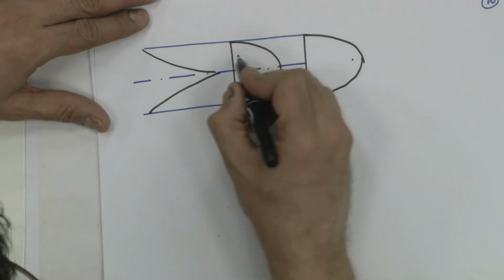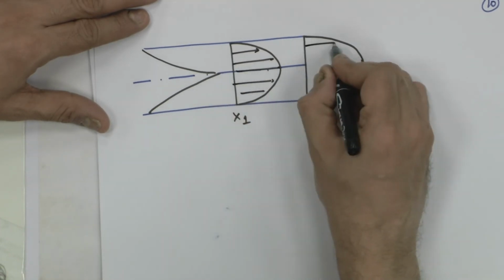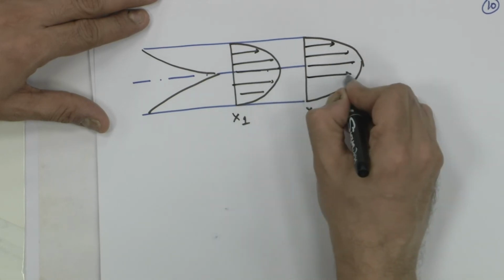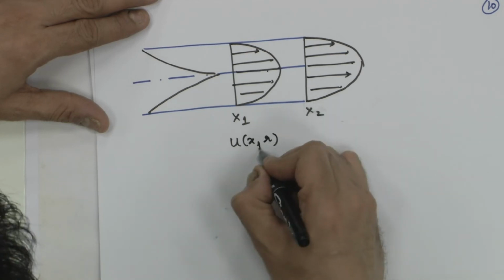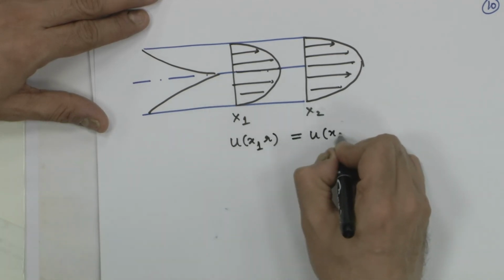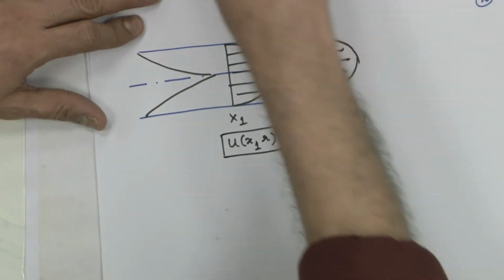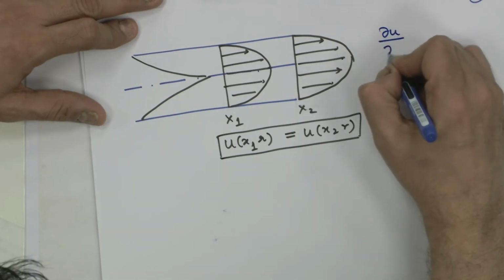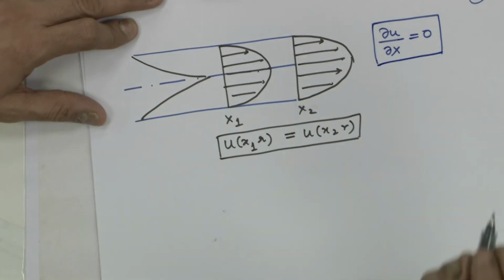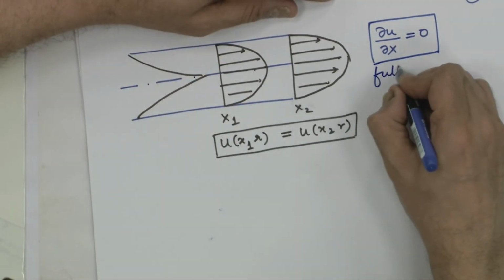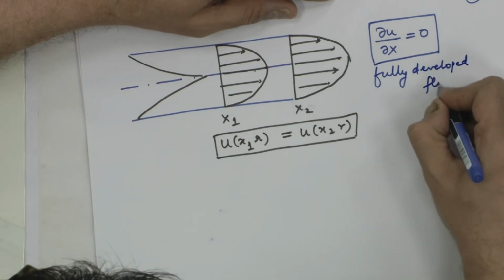So, identical profiles both in shape and magnitude. u at x1, r is identical to u at x2, r, which means du by dx is equal to 0 is a mathematical representation of fully developed flow.